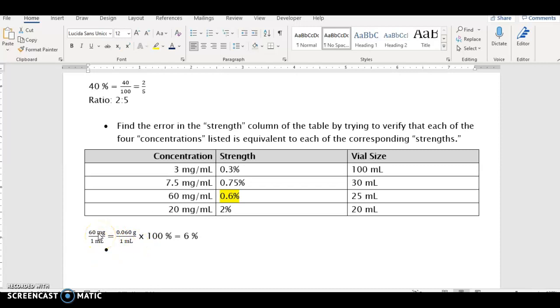If the amount is given in milligrams, convert it into grams. Likewise, if the volume is given in liters, convert it into milliliters, then simplify as necessary, and to convert it into a percentage, multiply by 100. This is very clearly the strength that is an error, and you can verify that the other concentrations, if you do a similar process, should be equal to the percentages you see here.